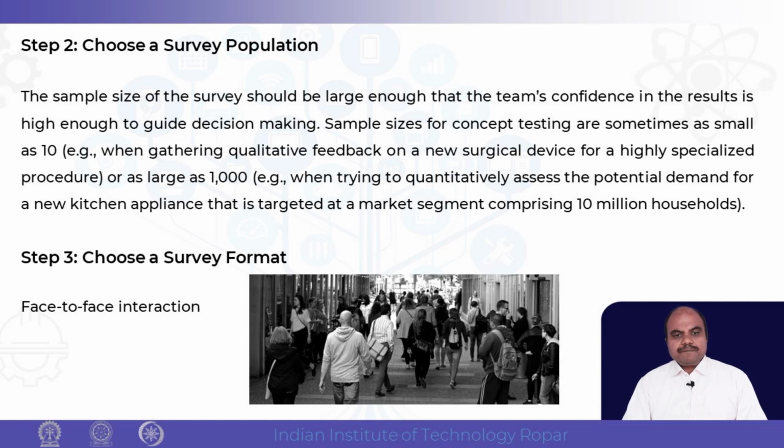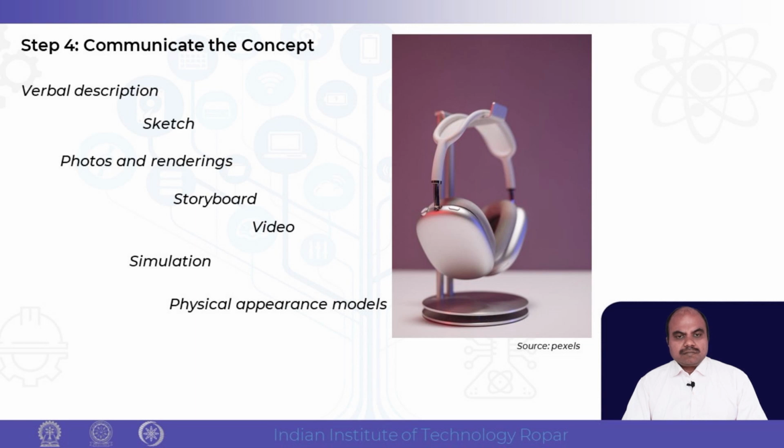Once we get the survey, we want to communicate the concept. When you want to express this concept to someone, we can use verbal description, we can use sketching. With verbal description, we describe the problem.